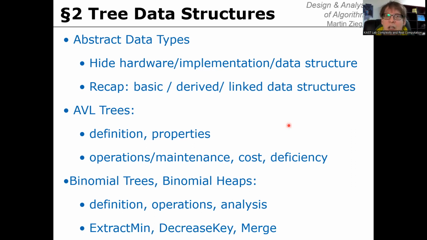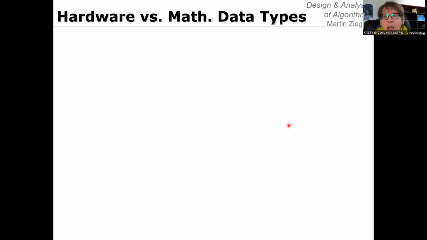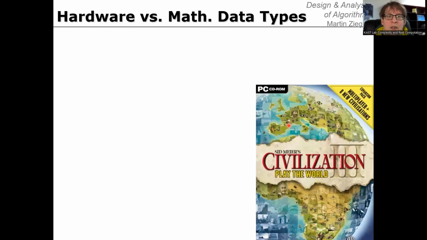That being said, let's move on to the first part, hardware data types versus mathematical data types. And you might recall the computer game called Civilization. In Civilization, the goal is to rule one country of your choice, the player's choice, and the other countries are ruled and governed by the computer.